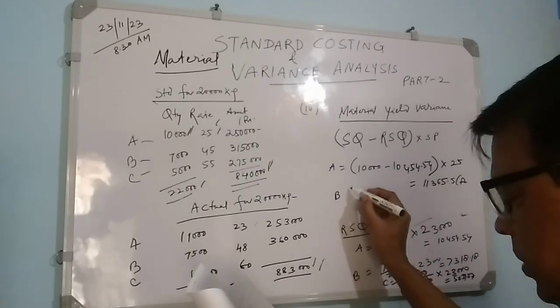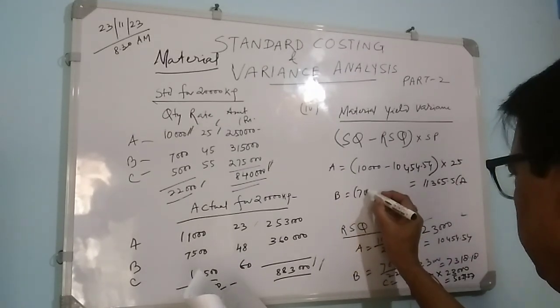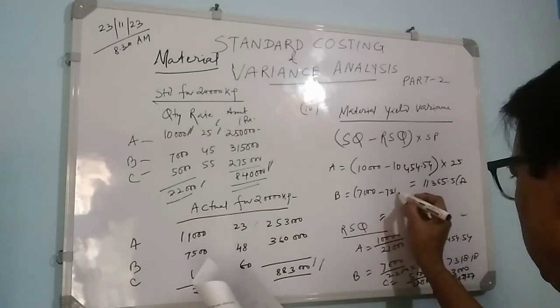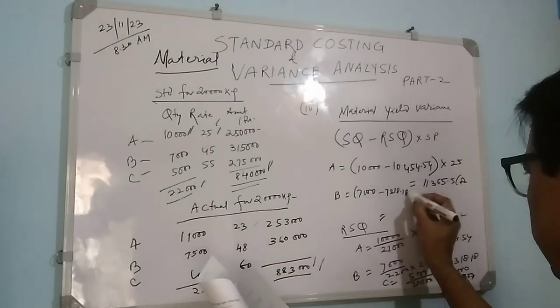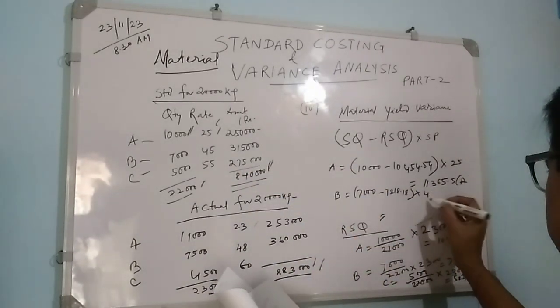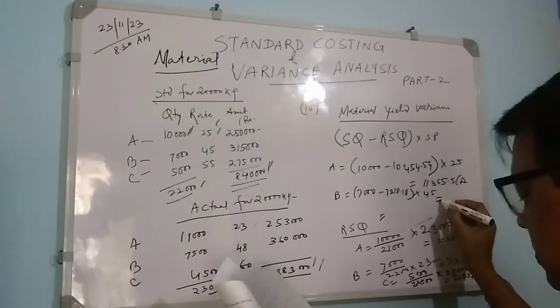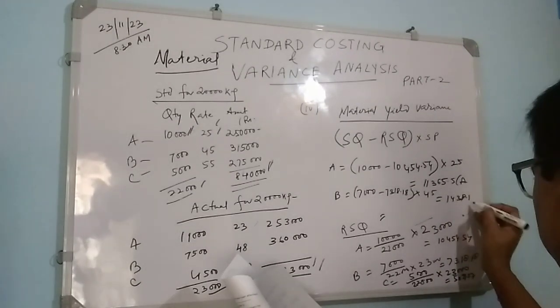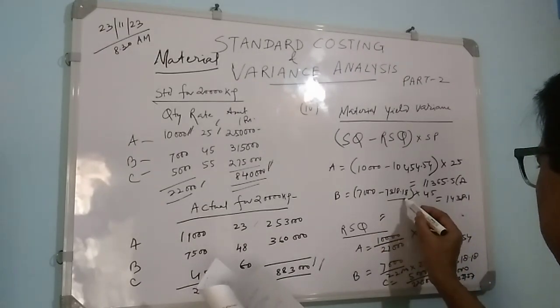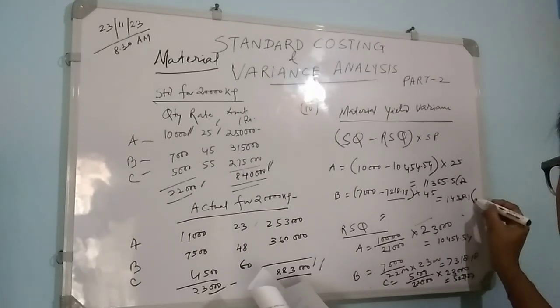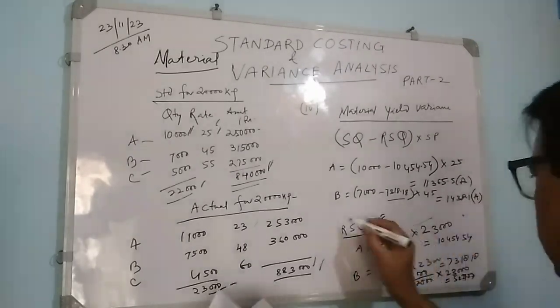Similarly, the B component will be 7,000 minus 7,318.18 into 45, your standard price. So this figure will be 14,318.1. Similarly, where the revised standard quantity is more than standard quantity, the result will be adverse.